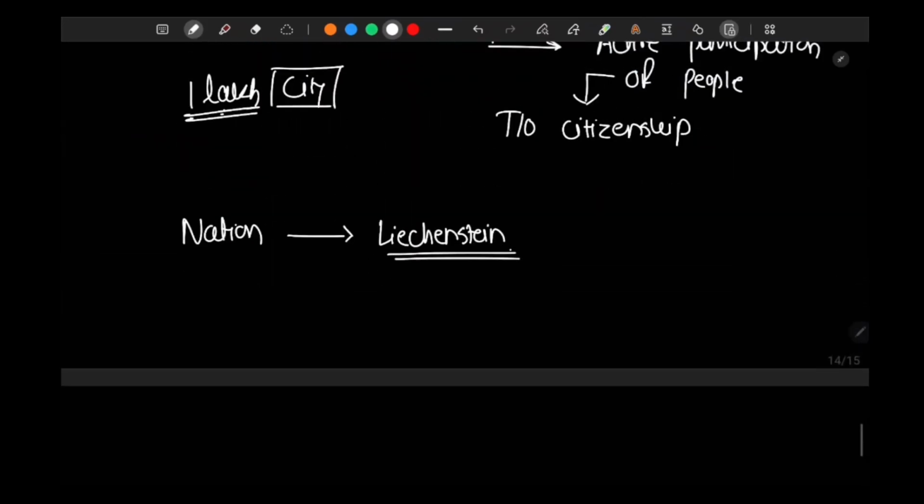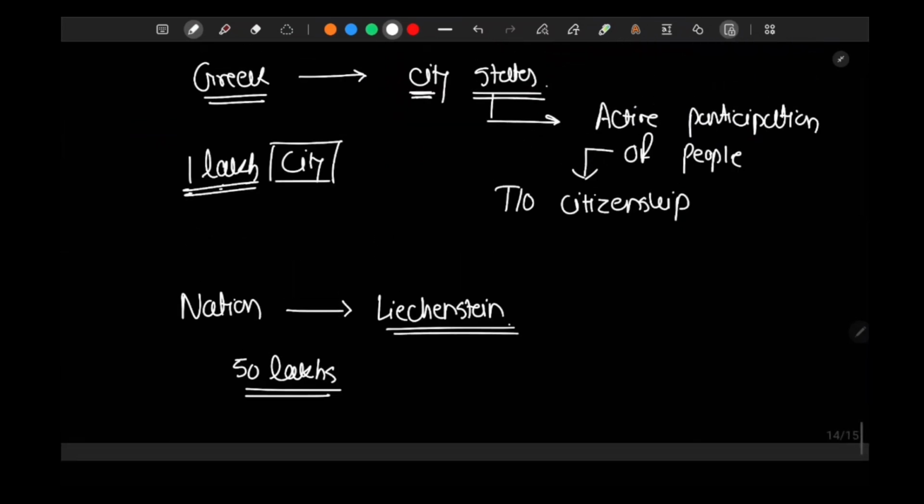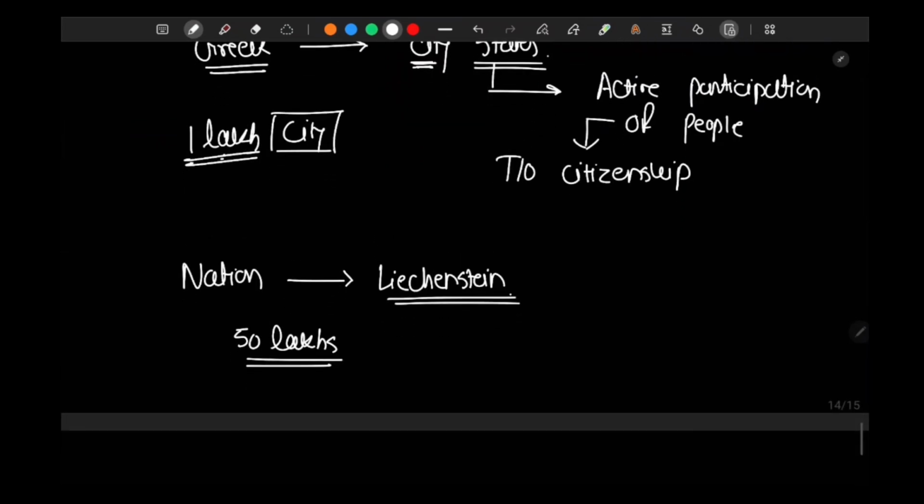I don't know its population, but I assume it to be around 50 lakhs. So in Liechtenstein, which is a small nation comparatively, do you think active participation of people can be possible? Is it possible?